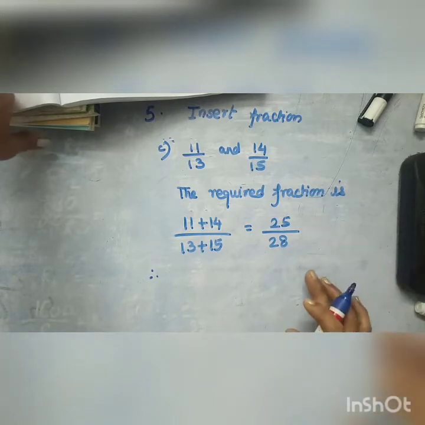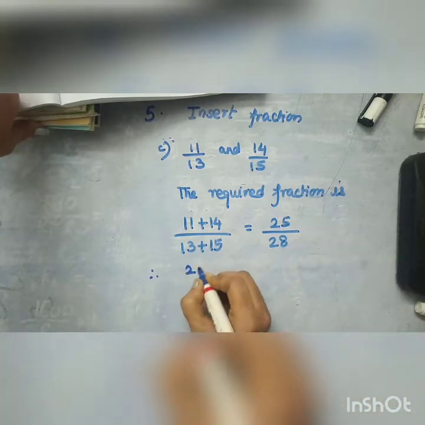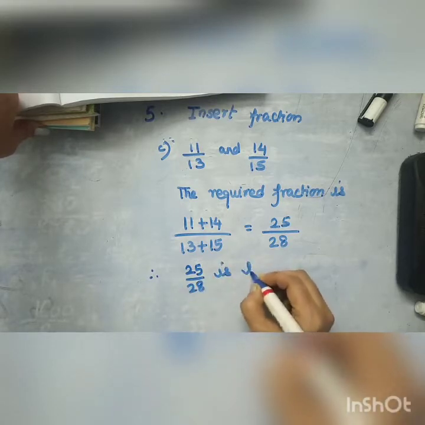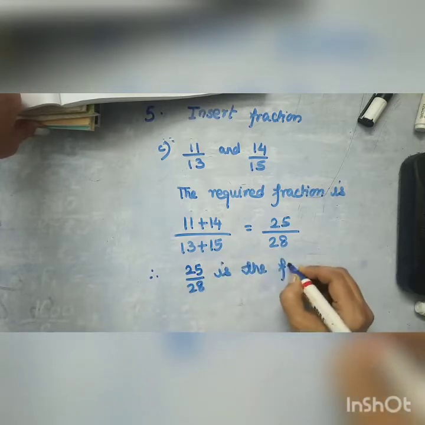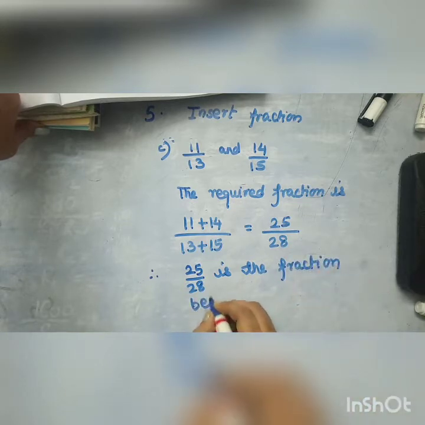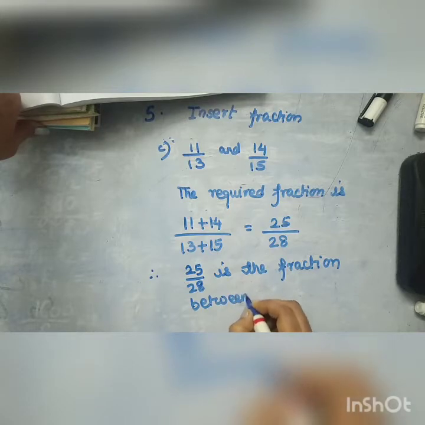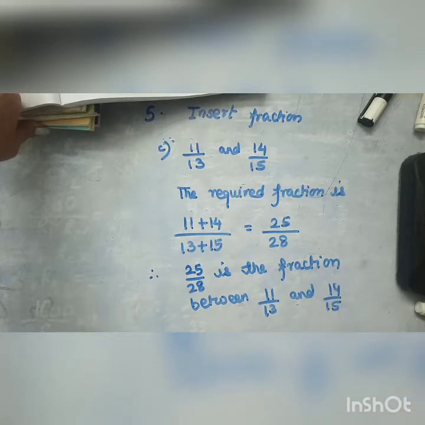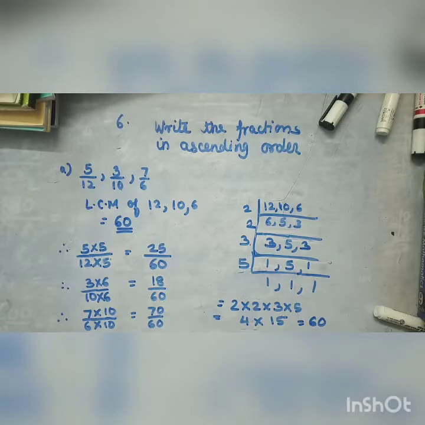So here we have to stop, and we can write that 25 by 28 is the fraction between 11 upon 13 and 14 upon 15.